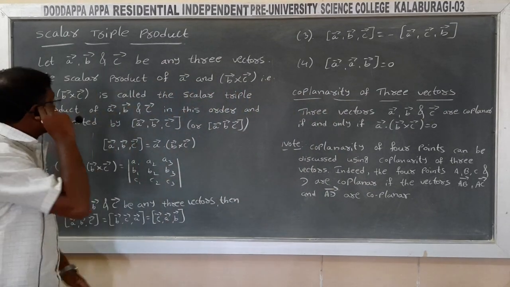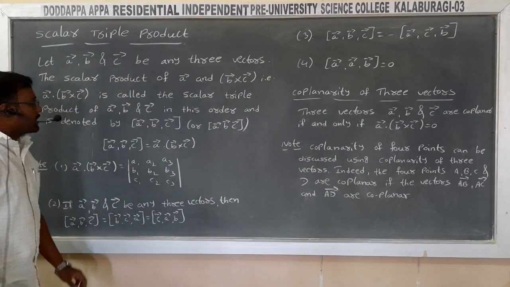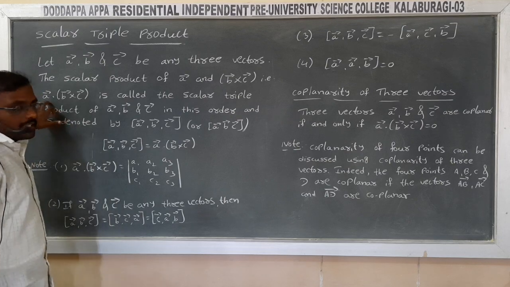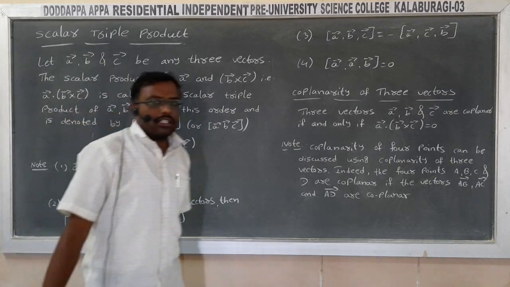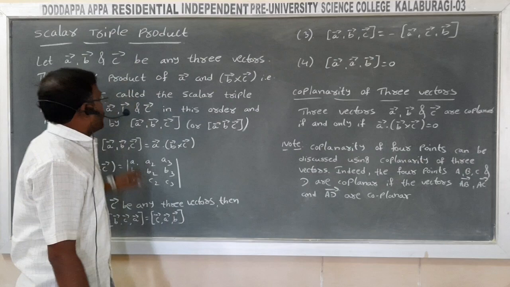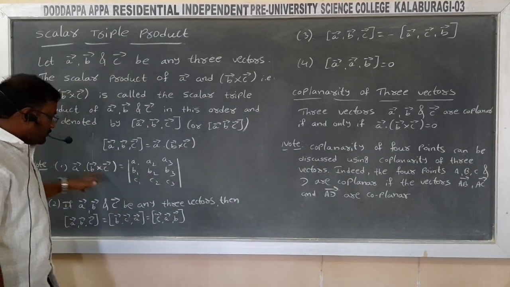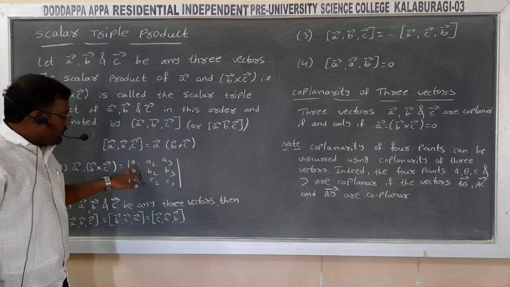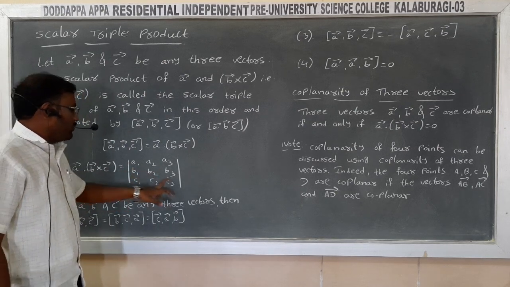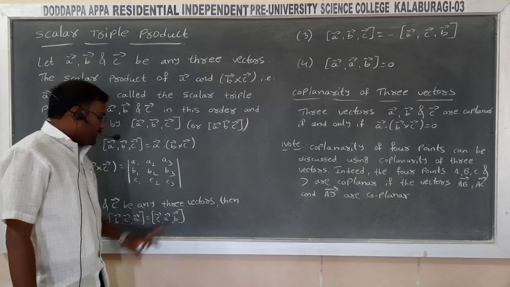Okay, is it clear? Scalar triple product means vector A dot of vector B cross vector C. How do we find this? Determinant of A1, A2, A3, B1, B2, B3, C1, C2, C3.